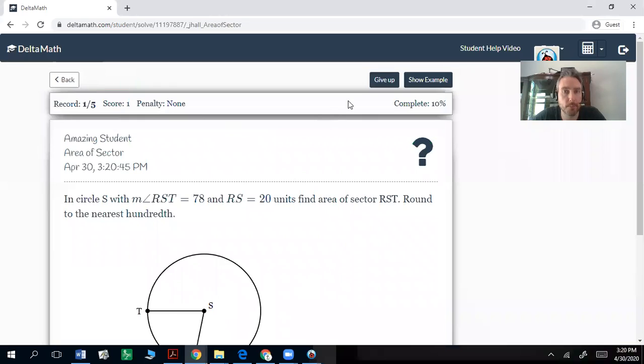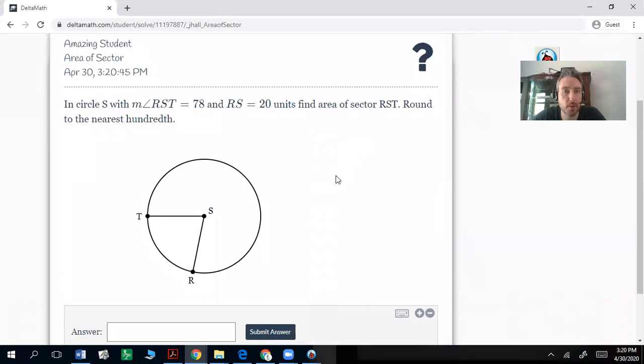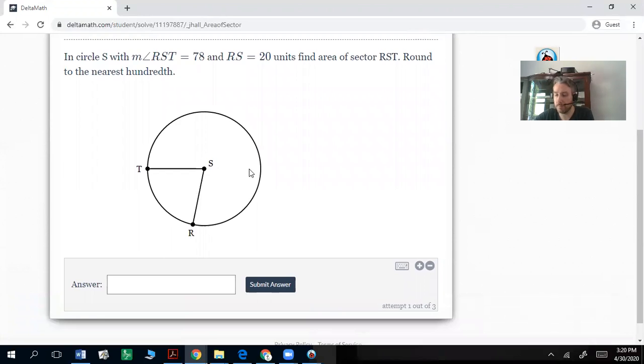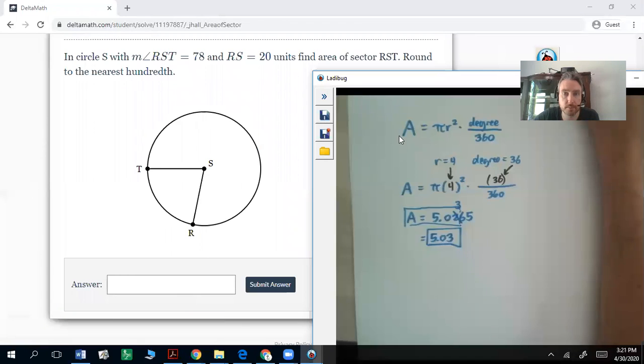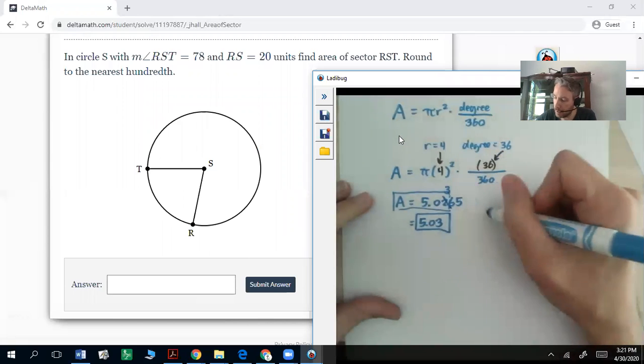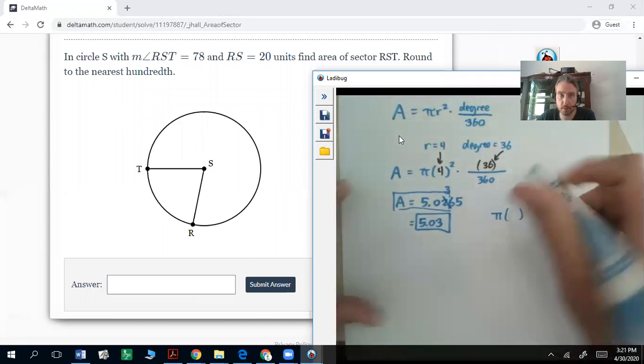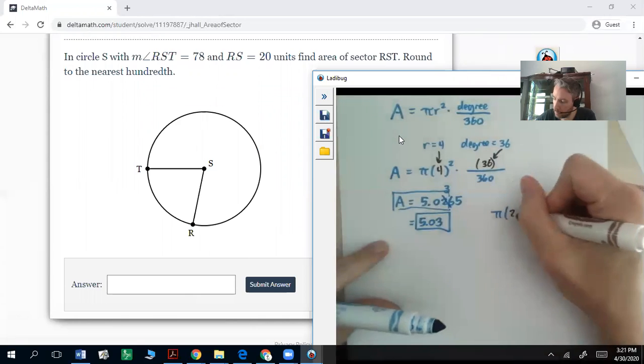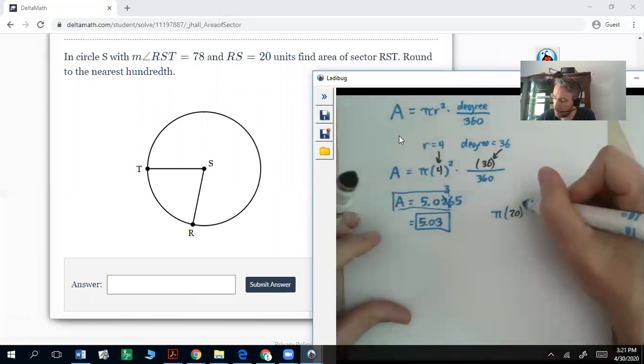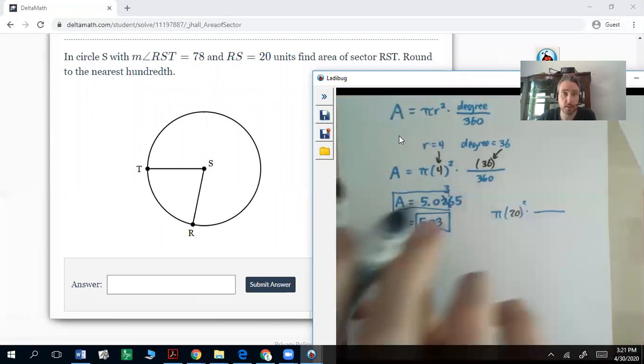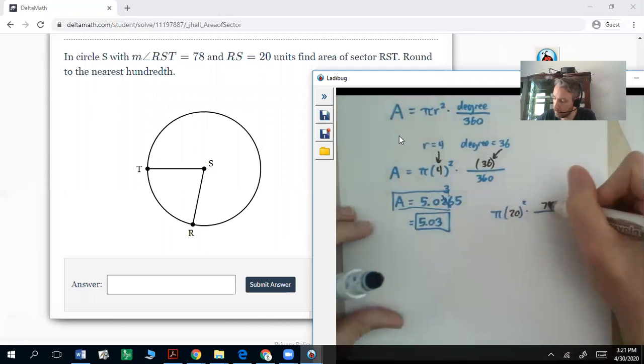Let's do a new problem. In this problem, it gives you the angle RST, which is the central angle of 78, and RS is 20, that's your radius, and find the area. So the only difference is the two numbers we're plugging into that formula. So it would be pi times 20 squared times 78 over 360.